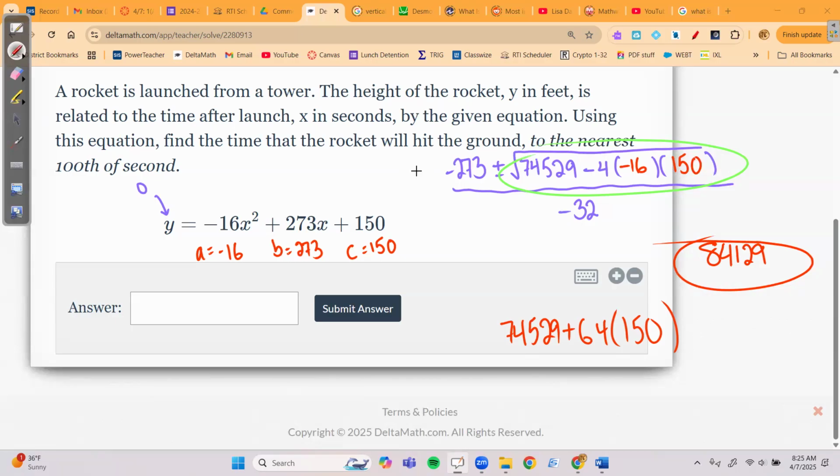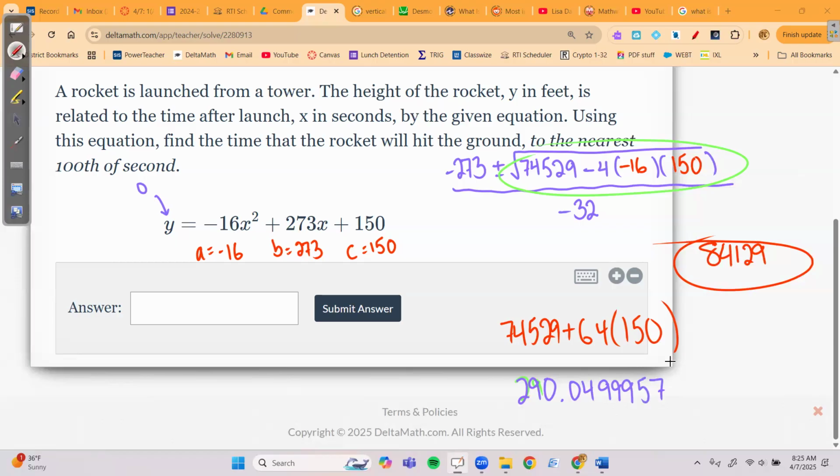So we're going to do the square root of 84,129. Make sure you hit enter. And that is 290.0499957.